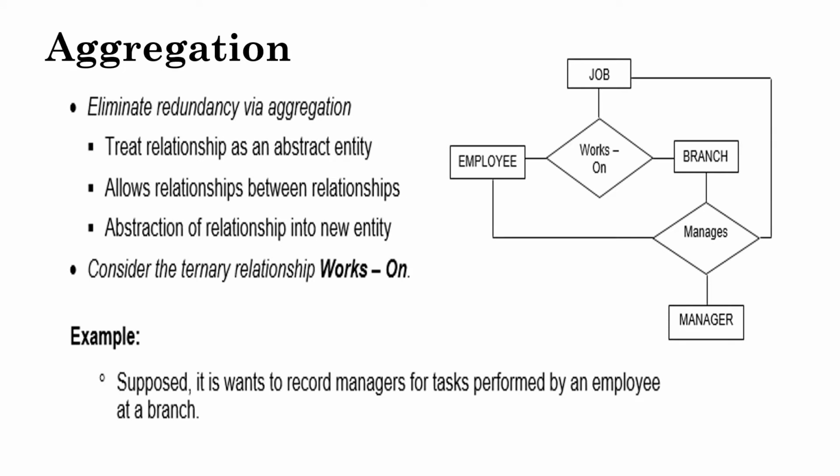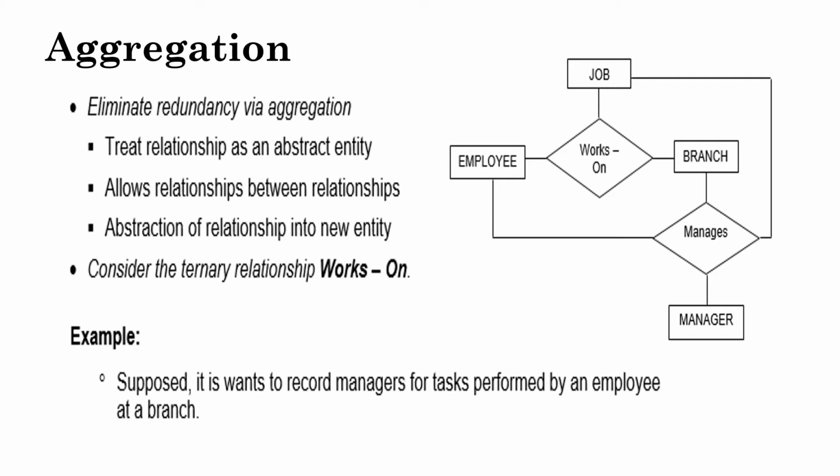How about aggregation? Aggregation eliminates redundancy. We treat the relationship as an abstract entity, which allows relationships between relationships, and it is an abstraction of a relationship into new entities. In this example, we consider the ternary relationship works on.